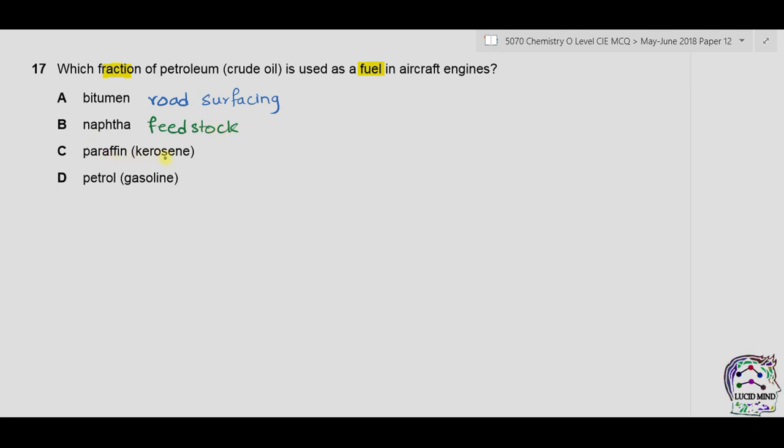Part C is paraffin, which is also known as kerosene. It is used as aircraft fuel. Part D is petrol, which is gasoline. It is used as fuel for cars. Correct answer is C.